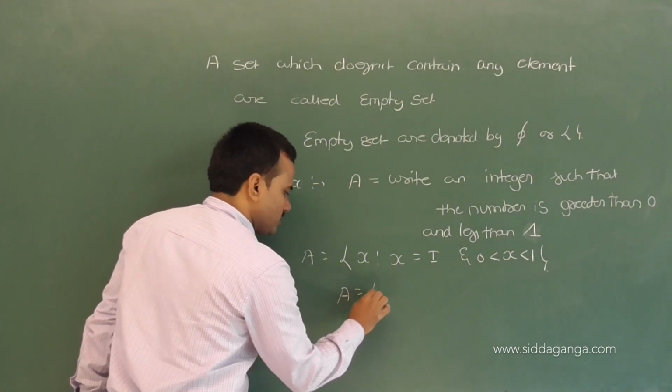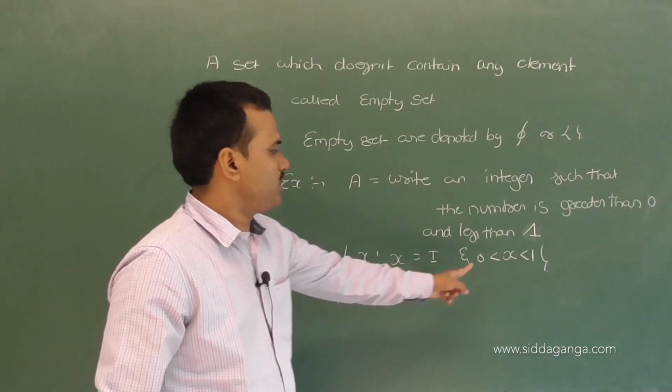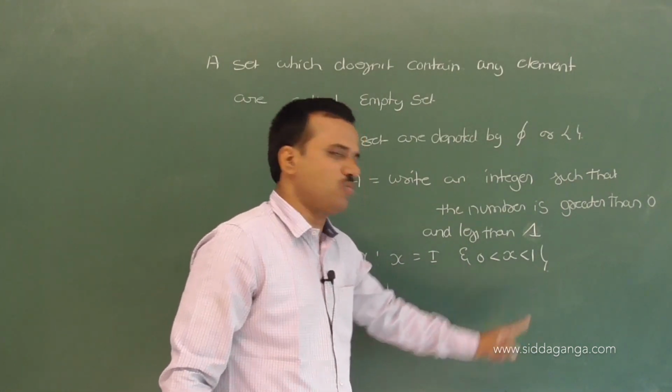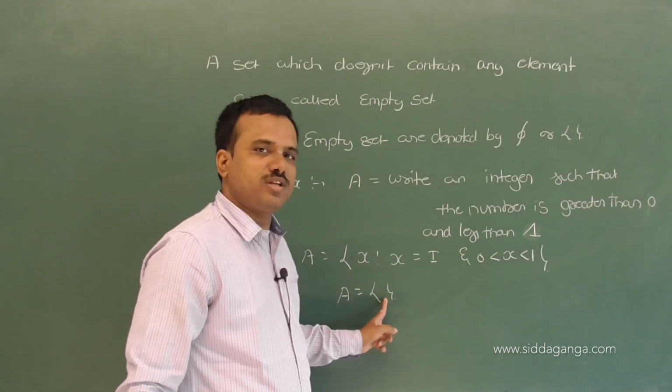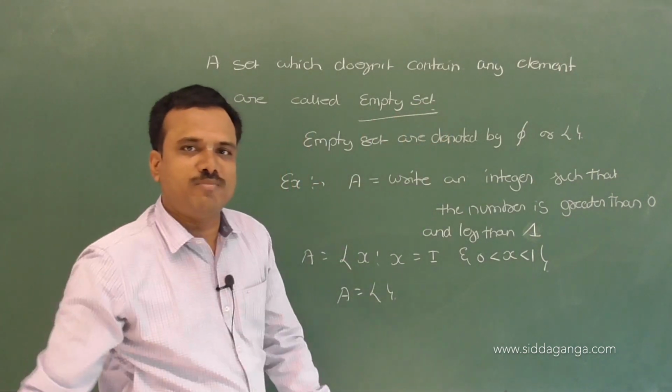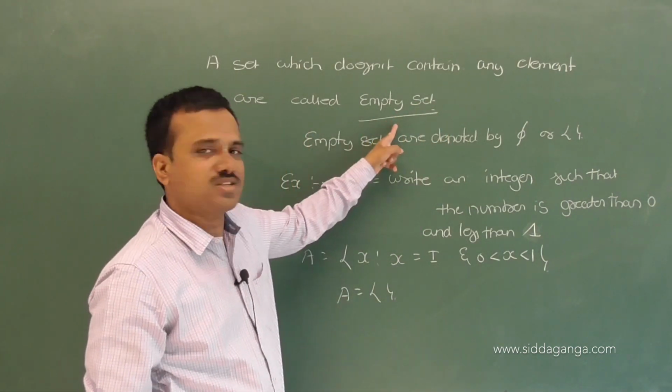In that collection there are no elements. In between 0 and 1, it has no elements. That's why this collection we call an empty set.